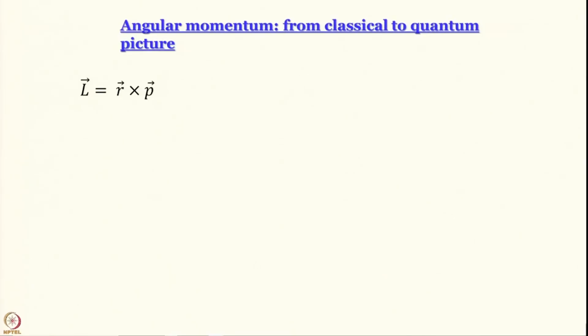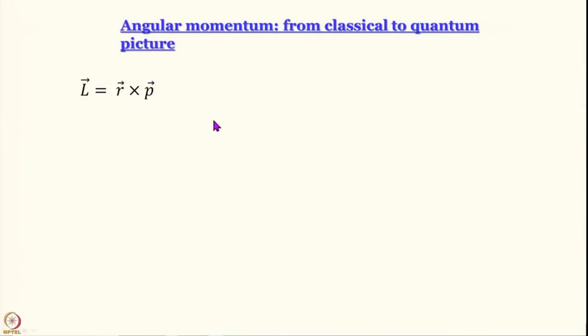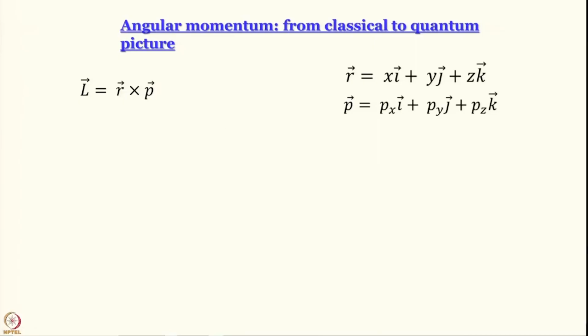And we can convince ourselves that that is really the case by starting from the basic definition of angular momentum. We will have to come back to this in the next module as well. So, L is given as r cross p. r is written as xi plus yj plus zk. i, j, k essentially are the unit vectors along x, y and z axis respectively. p we have written as pxi plus pyj plus pzk.